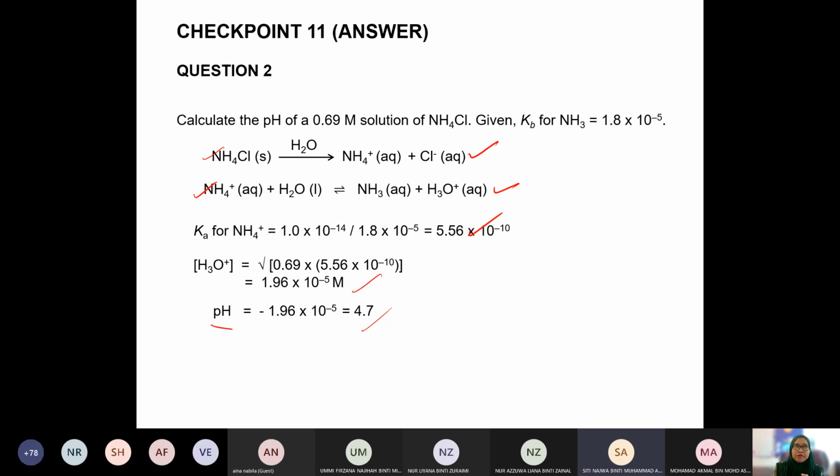We normally want the student to use the alternative method, so we have to specify in the question, please use the alternative method or the simplifying method to find the pH of the salt, for example. If it doesn't specify, you have the freedom to choose whether to use the ICE method or the formula, the alternative method.